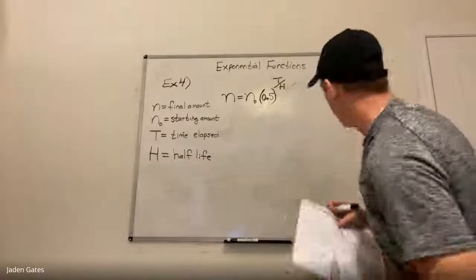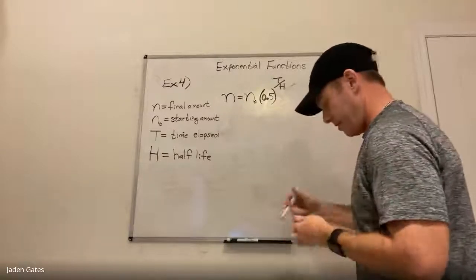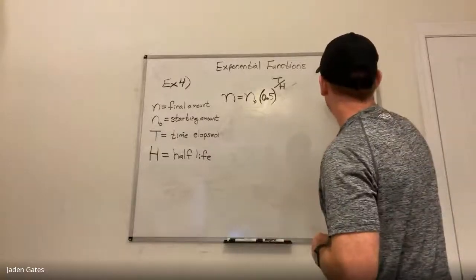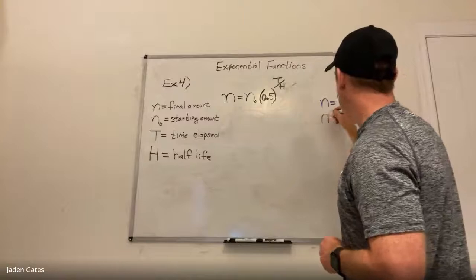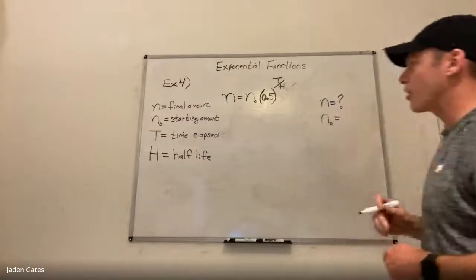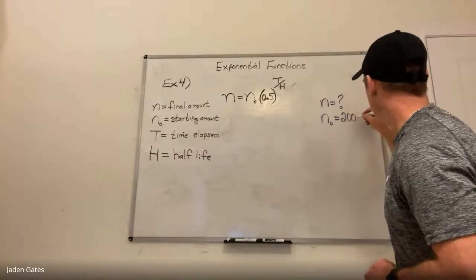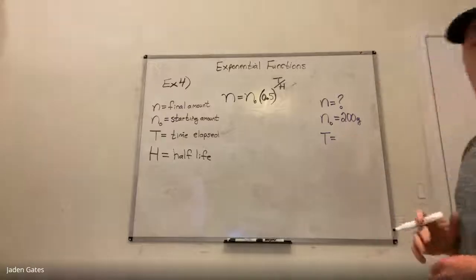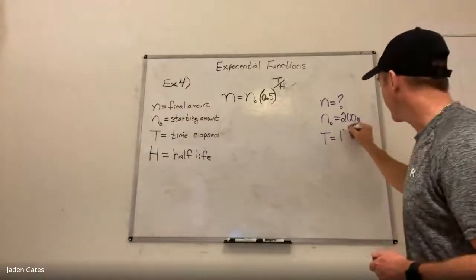So, again, we're looking for the final amount. N naught, that is our starting amount. We're starting off with 200 grams. The time elapsed. How much time's gone by? Well, it said 19 and a half days have gone by.